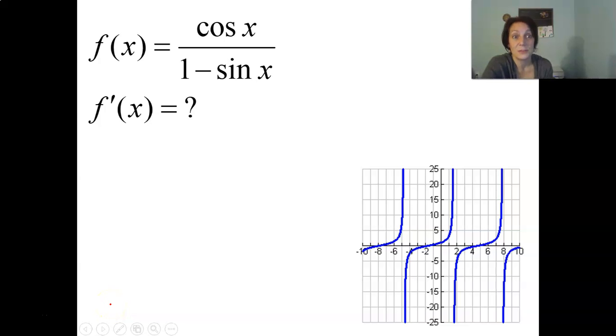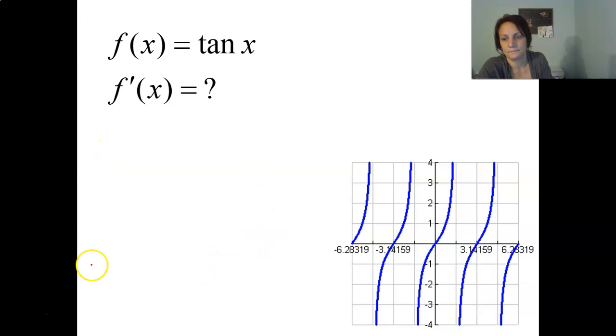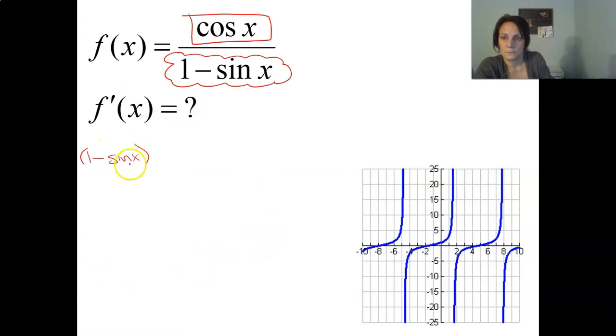Okay, here's an example of one where we see it in a quotient rule, and we see both numerator and denominator. So again, I'm just going to treat this like any other quotient and follow the quotient rule. If I want f prime of x, I need to start with my denominator, and I need to end with my denominator.